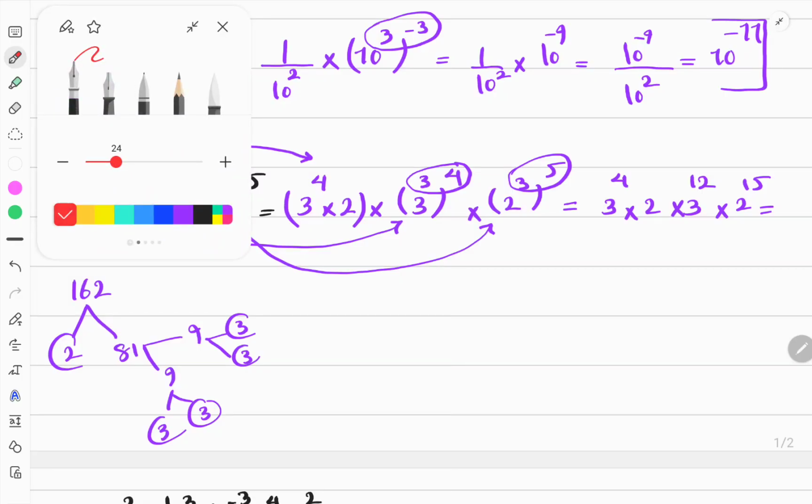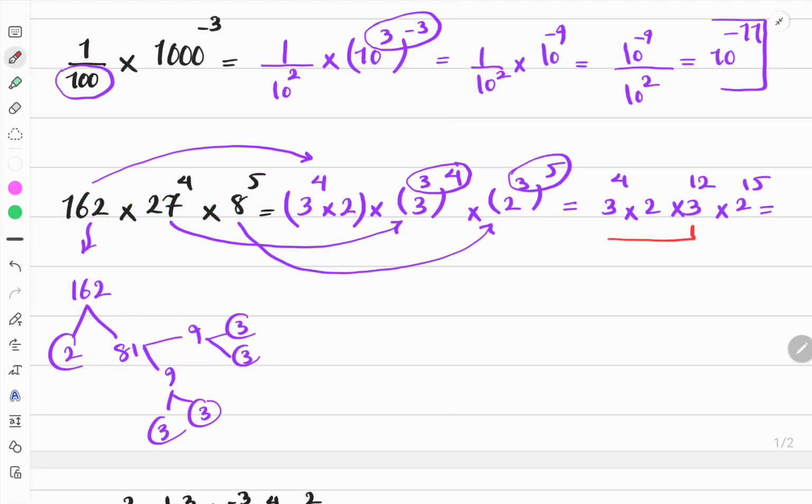And now, as you can see, these two numbers have same bases. Write one of them and add powers, which gives us 16, and then 2 is common, so 1 plus 15 is 16.